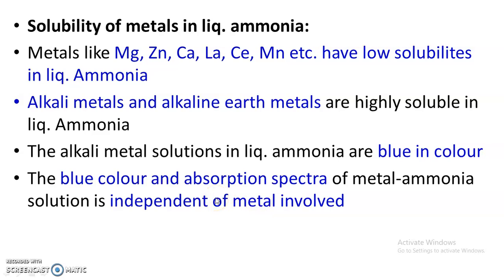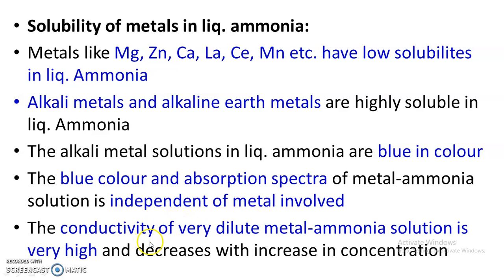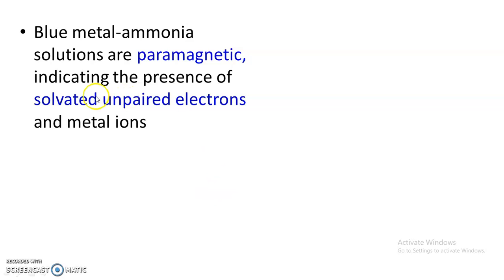It means when potassium is added in liquid ammonia to get its metal ammonia solution, and in another sample sodium is added in liquid ammonia to get its solution, both solutions have blue color and their absorption spectra will be similar, independent of the metal involved. The conductivity of a very dilute metal ammonia solution is very high and decreases with increasing concentration.